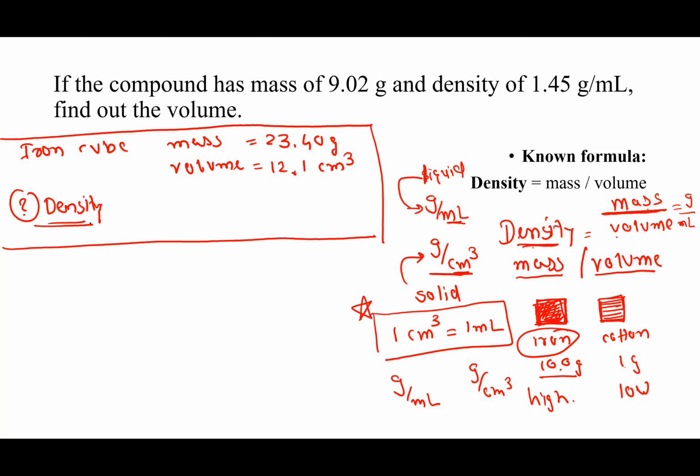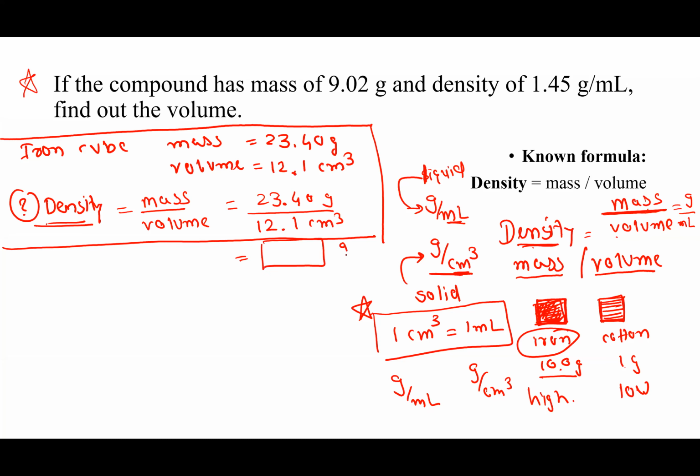Okay, that's great. I'm going to explain this right now because I want to explain a more challenging way to solve this problem. This is kind of an easy problem. What is the formula for density? How much mass we have in a given volume. If you have the value for mass, which in this case is 23.40 grams, and the value for volume, which is 12.1 centimeter cube, all you have to do is divide these two numbers and get your answer.